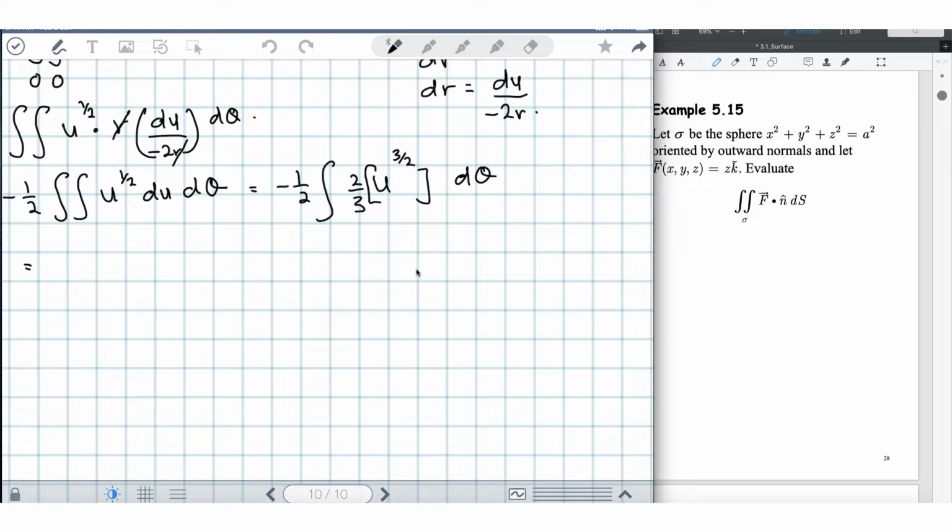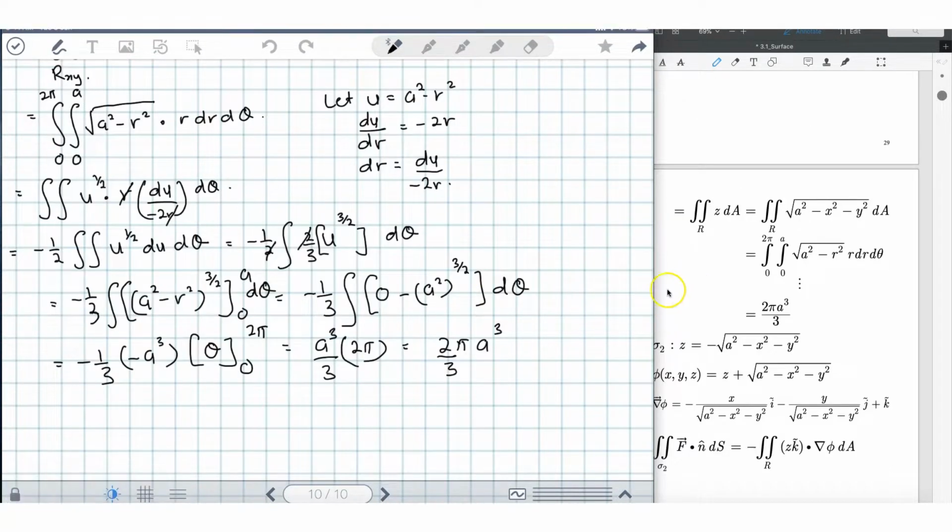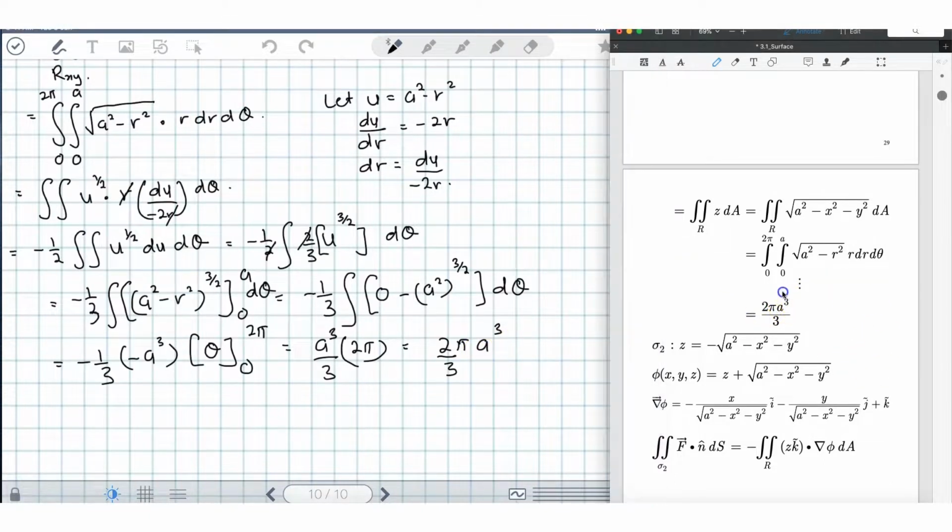Complete. Okay, we have to replace back. So the surface integral for sigma 1, for the top hemisphere where z is positive, is 2 pi over 3 a cubed, the same as this one.